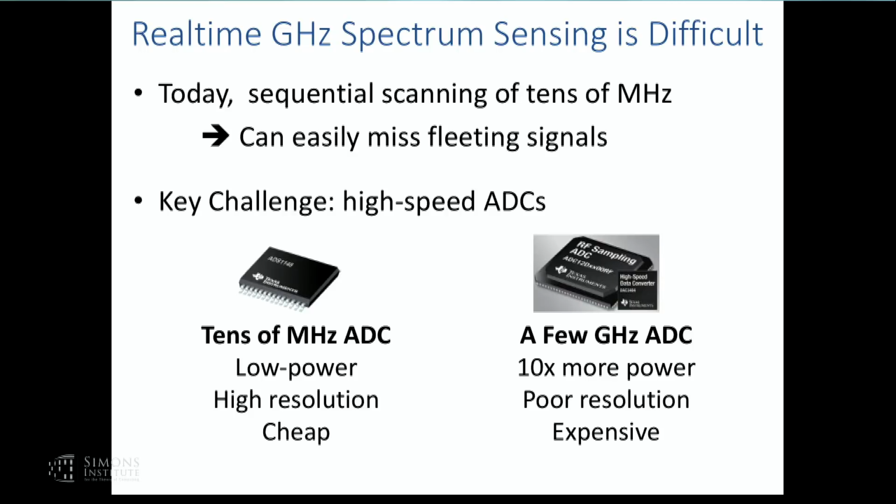They have high bit resolution, so they give you like 12 to 16 bit per sample, and they're really cheap. But if you want a gigasample per second ADC, it's going to consume way more power. It's going to have way less bit resolution, 4 to 6 at most, and it's going to be quite expensive. And so the question is, can we sense the entire spectrum without sampling at gigasample per second?